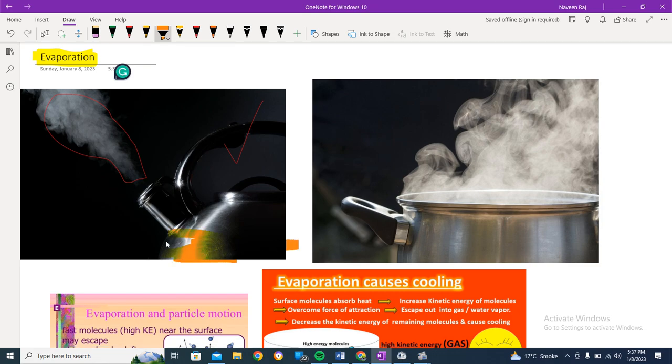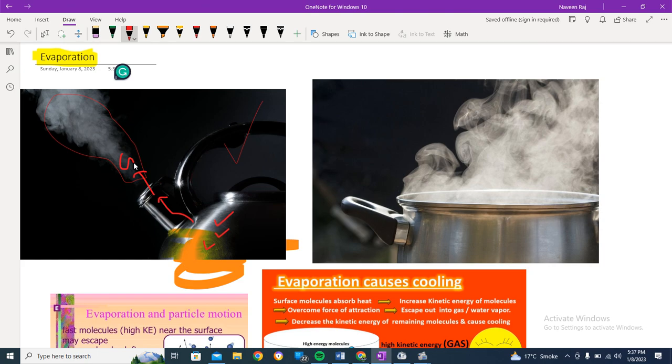There would be tea on this surface, and some particles are escaping from the surface into the atmosphere. This is evaporation. This liquid tea is being evaporated in the form of gas. Gas vapors are being taken out.